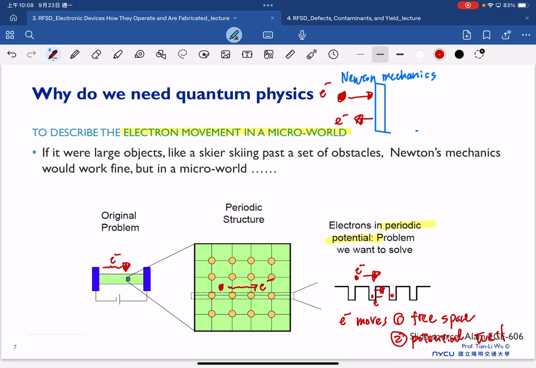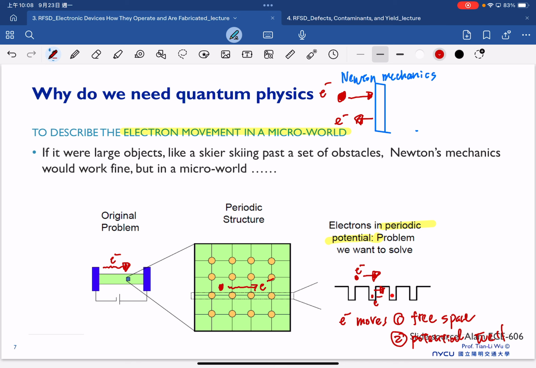That's how Newton teaches us that if you have an object and try to throw it against the wall, there will be only one possibility, which is the reflection.